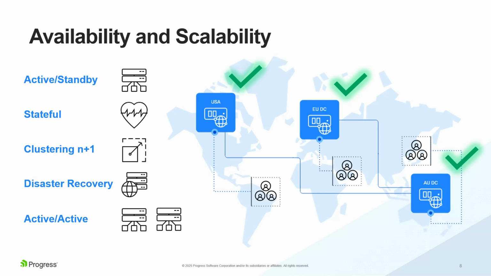So availability and scalability are important aspects of any application environment to ensure that during failure events, those critical business apps can continue to function as desired without the end users even knowing there was an issue. And this is the gold standard.